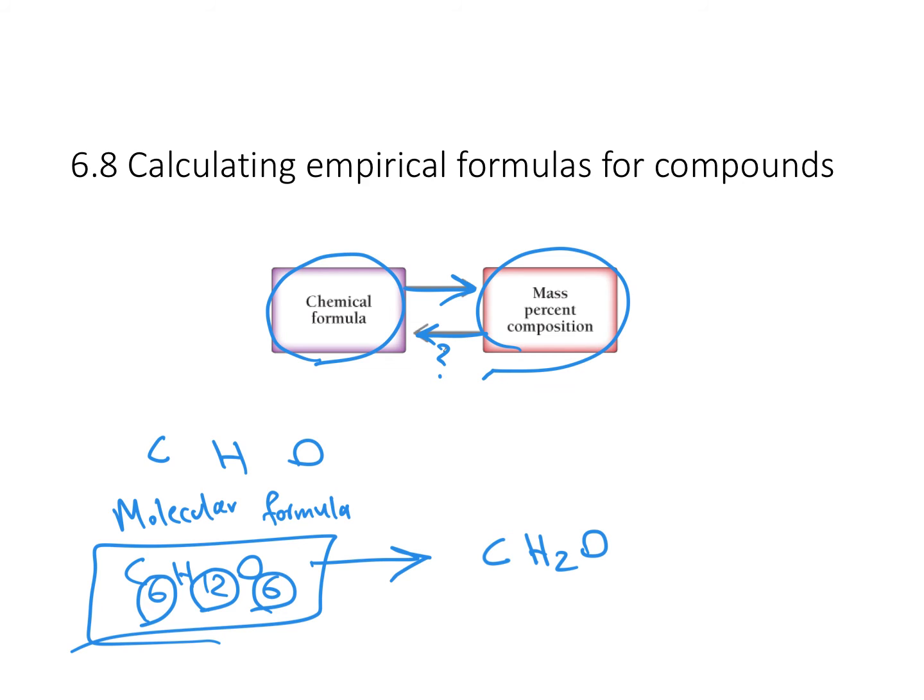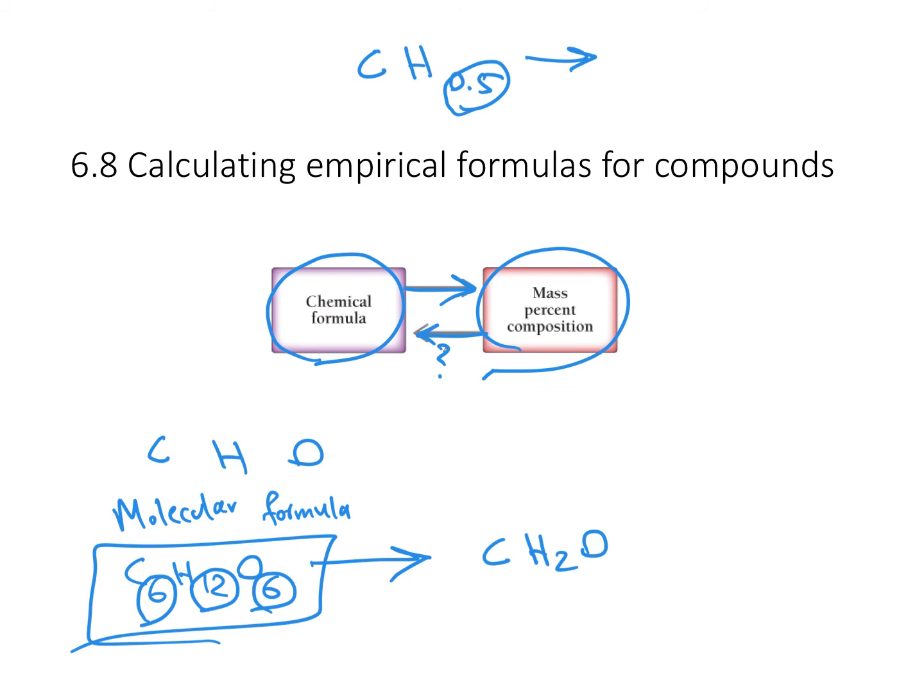Exactly, we divide everything by 6. And remember that you shouldn't have any ratios or decimal points. We don't write the chemical formula as CH.5. Well, how should I write this? I don't want to have a decimal.